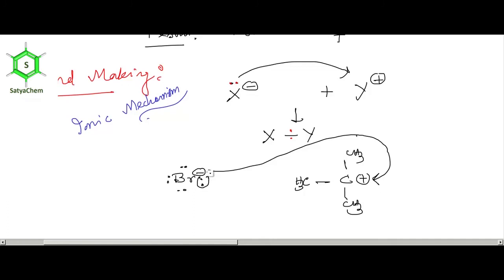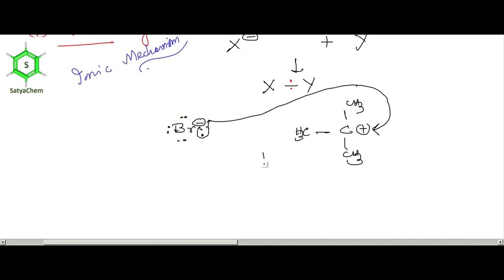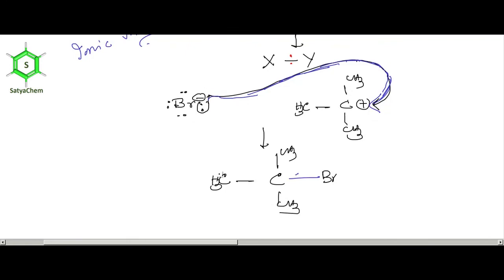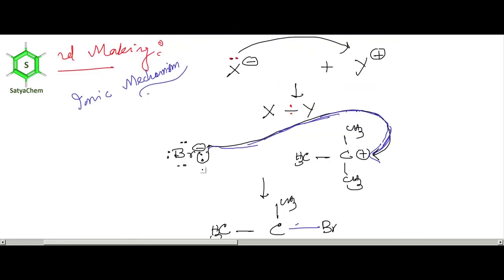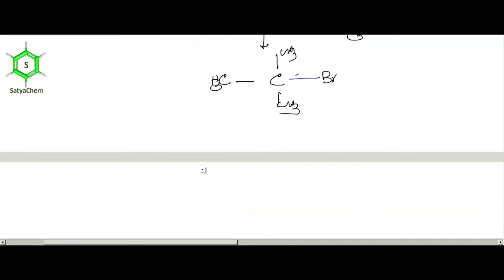Suppose this non-bonding electron is used for the formation of the new bond, that is the C-Br bond. I am showing this in blue color. This is the new bond. This is C, Br, CH3, CH3 and CH3. So this is the very basic ionic mechanism for bond making.